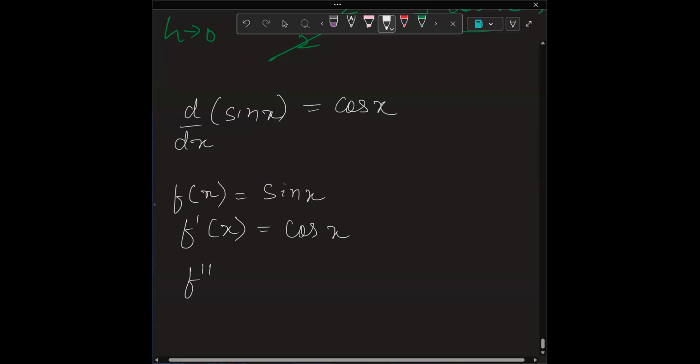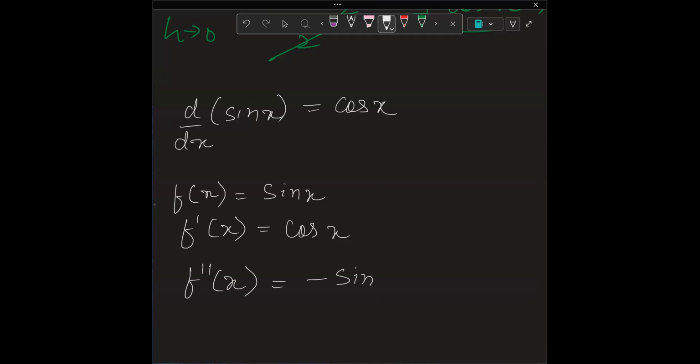Okay, what is f double dash x? Minus sin x. Yes, it is minus sin x, because the differentiation of cos x is minus sin x. This differentiation operator d by dx shows the differentiation.